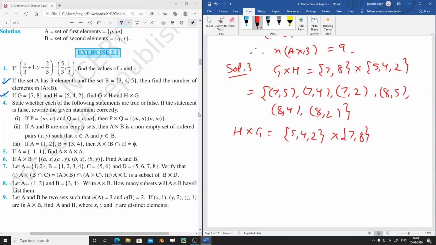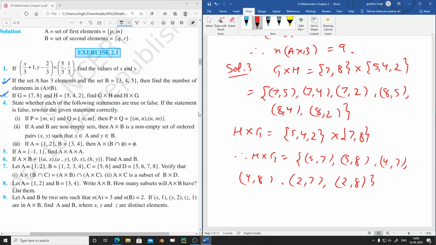Therefore we will get H cross G equal to, taking the element 5 of the first set, the ordered pairs (5, 7), then (5, 8). The next ordered pairs will be (4, 7) and (4, 8). Then we will group (2, 7) and (2, 8) together.